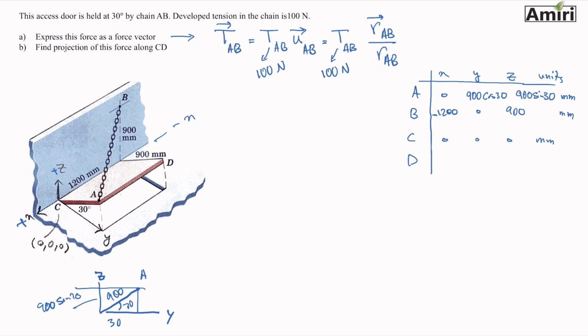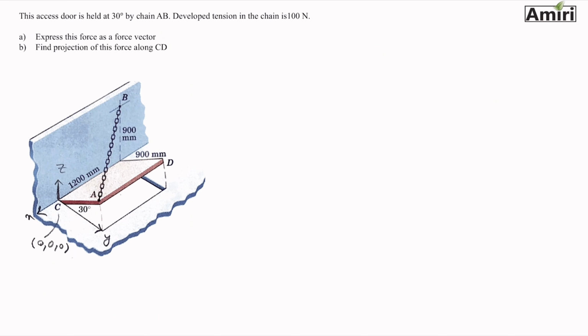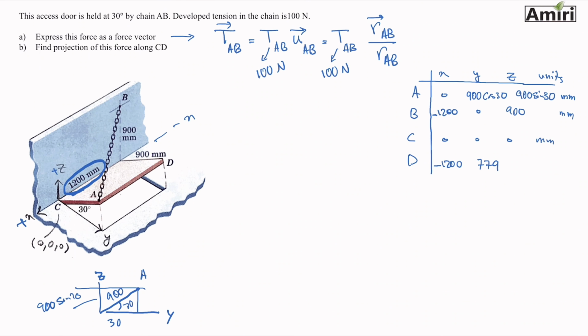Okay. Last thing I need to do, I'm going to use it later, is point D. Similar to A. The difference is it's a little bit further back. So it's minus 1200. And if you do the math, 900 cosine 30 is going to be 779. Z, 900 sine 30 would be 450.